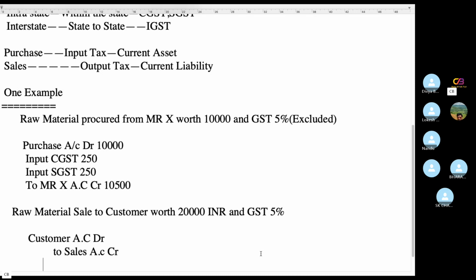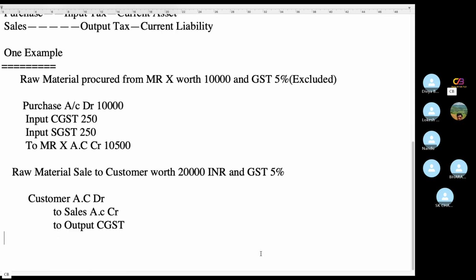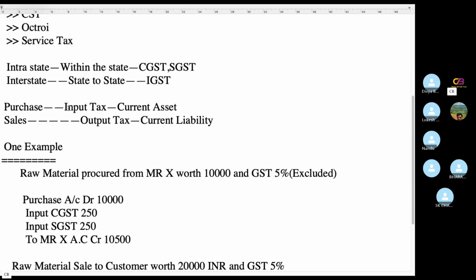Okay, to output CGST, output SGST. In the case of a sales transaction, output CGST, the sales output, is a current liability.